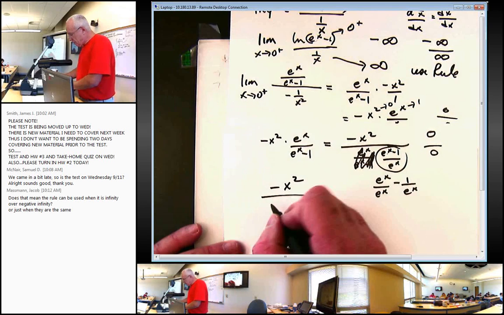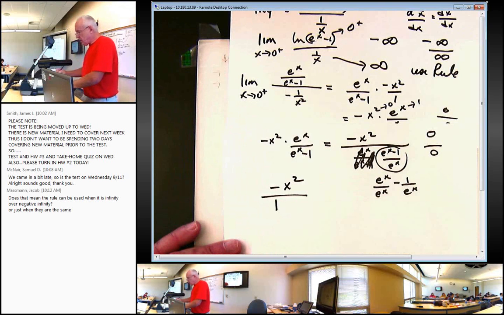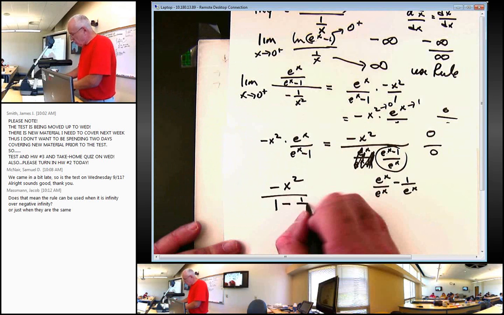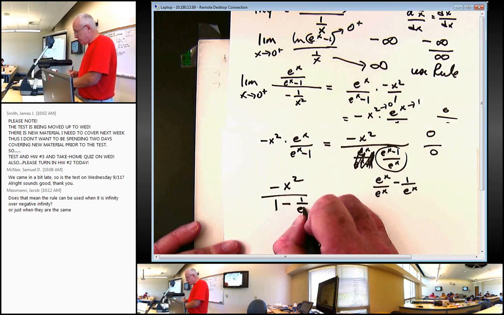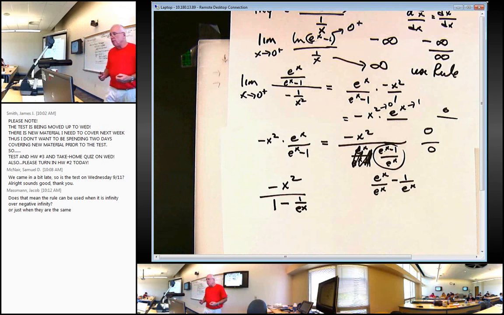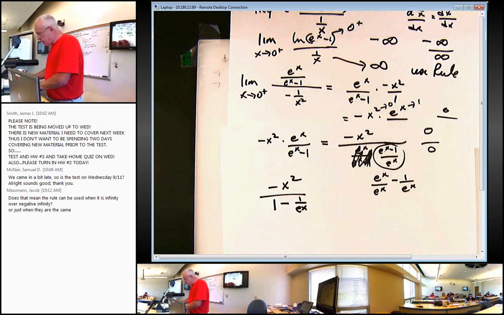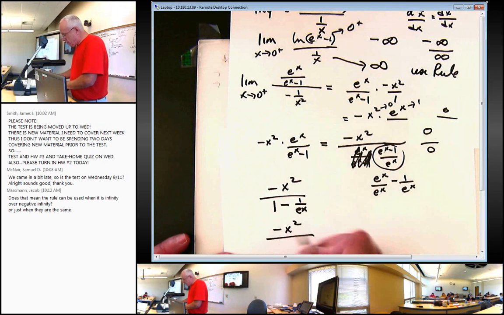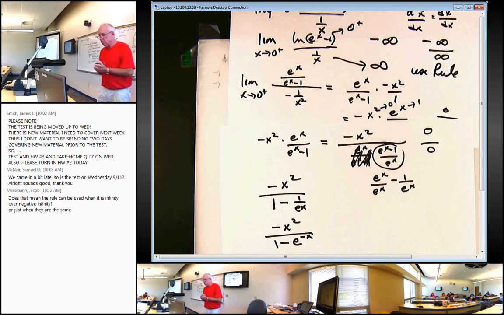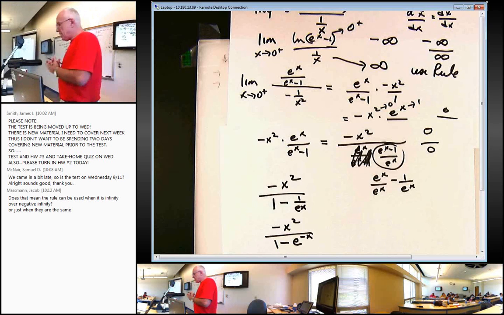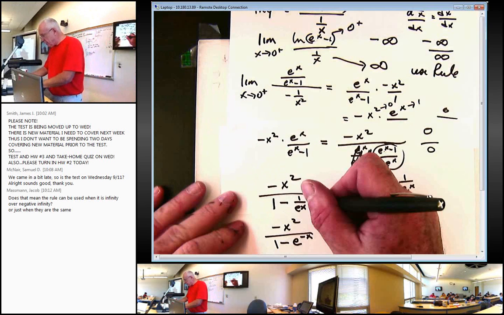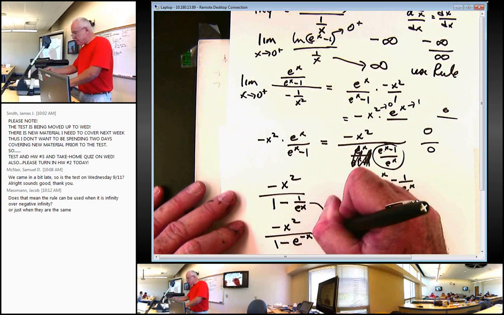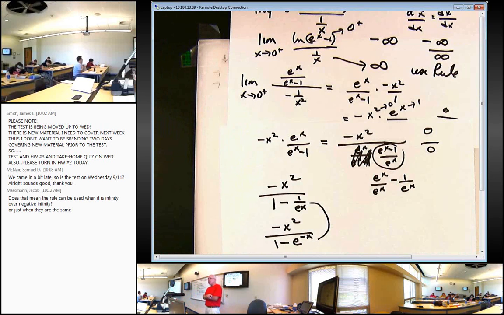E to the x over e to the x is 1, minus 1 over e to the x. And another way of writing 1 over e to the x is e to the minus x, so minus x squared over 1 minus e to the minus x. There's a lot of tricky algebra. I'm just bringing the exponent out of the denominator and changing the sign.